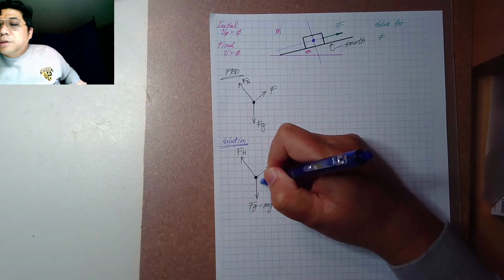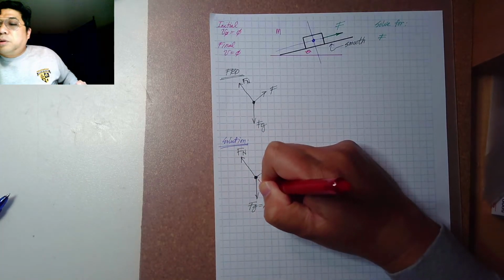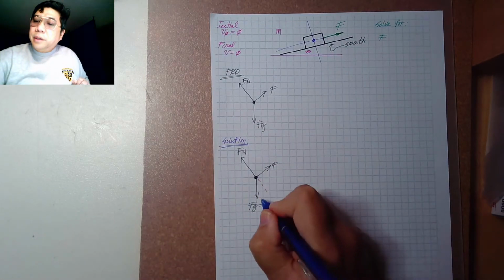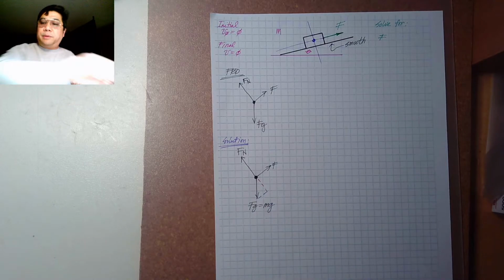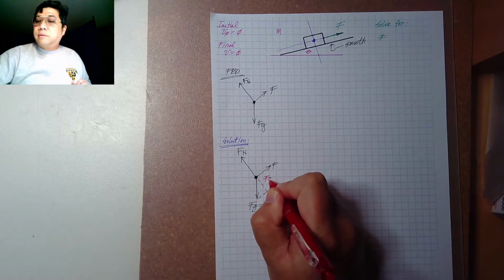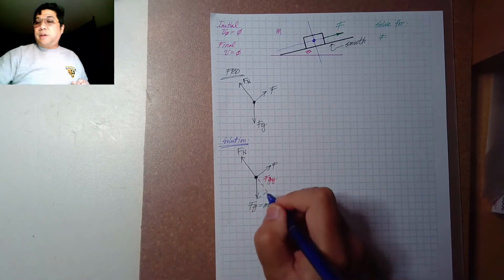Okay, so here's our y-axis. Let's use the red ink along the y-axis. So that's the y component, and here's our x component. So this is our Fgy, and here's our Fgx.